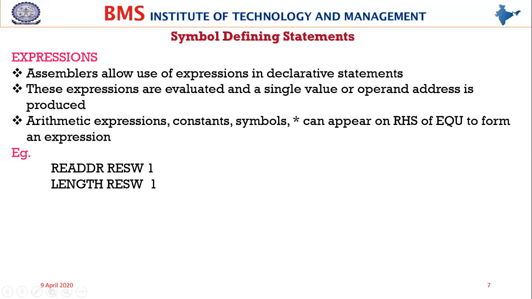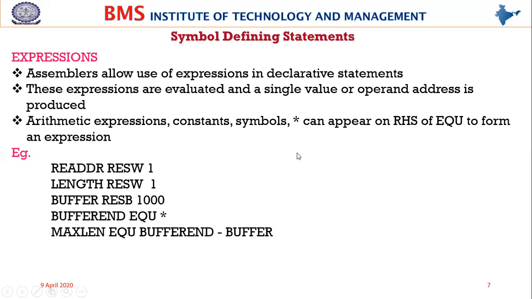As told, expressions can be of two types, either relative or absolute. If the expression evaluates relative to the starting address of the program, we call it a relative expression. If the expression evaluates into a value which is not dependent on the starting address of the program, then we call it an absolute expression.